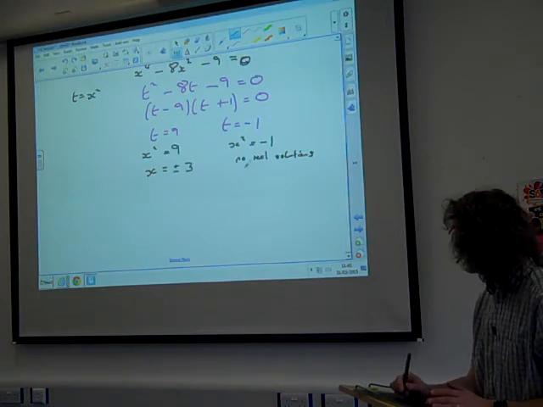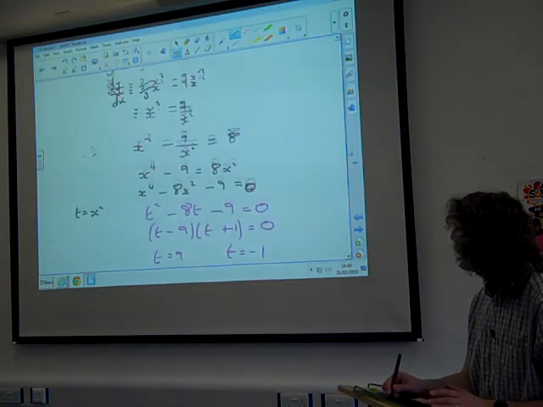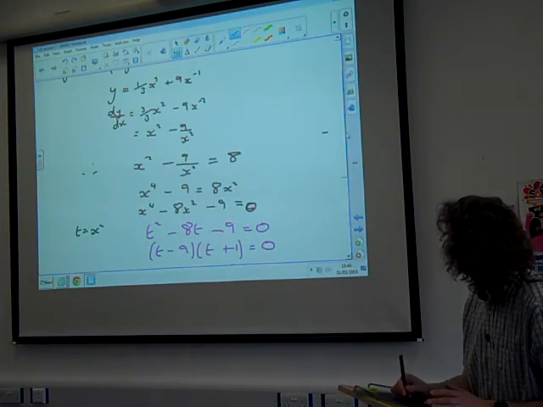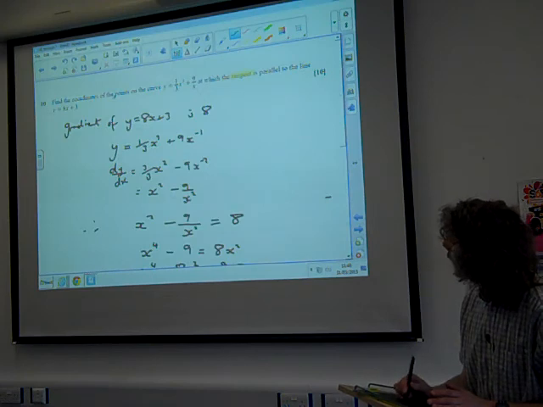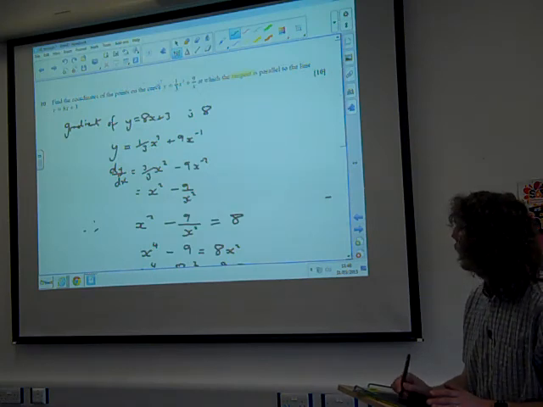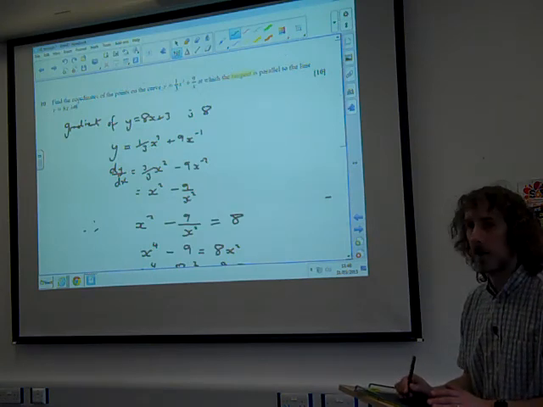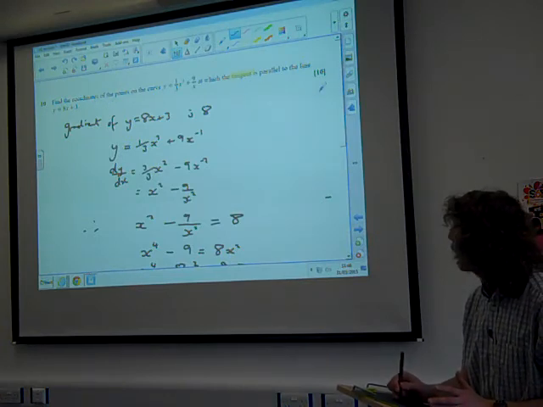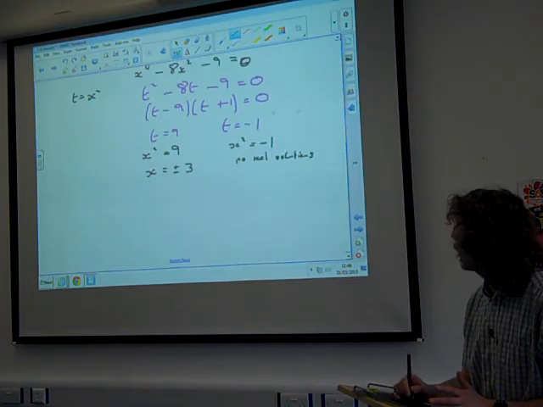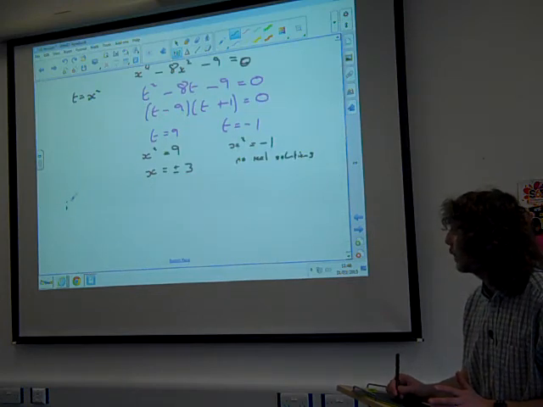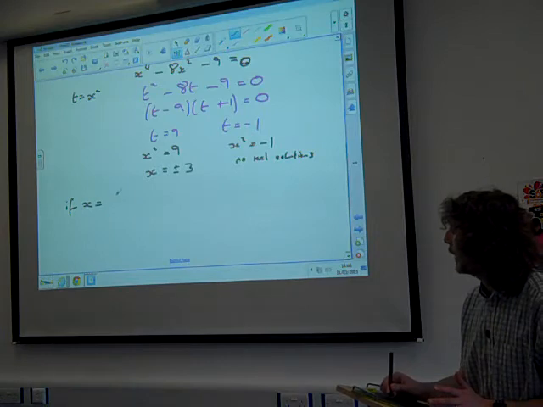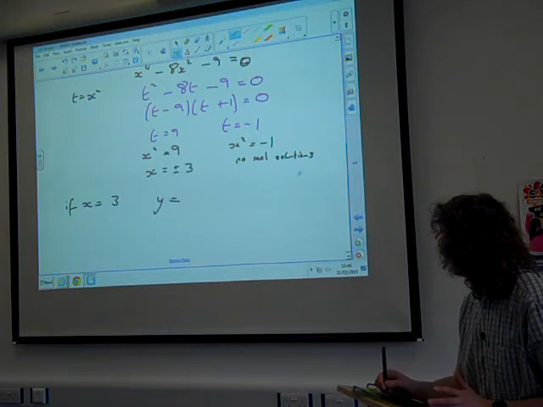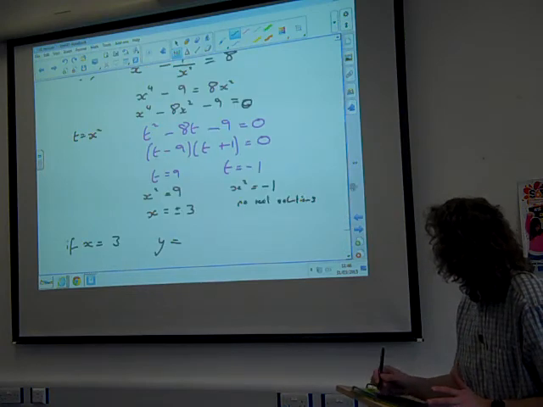Now, what have we got to do with this? We found the x values. Find the coordinates of the points on the curve at which the tangent is parallel to the line y equals 8x plus 3. So we've found the x values, we haven't found the coordinates. We need to go back and find the coordinates for it. If x equals 3, y is, what was our equation?